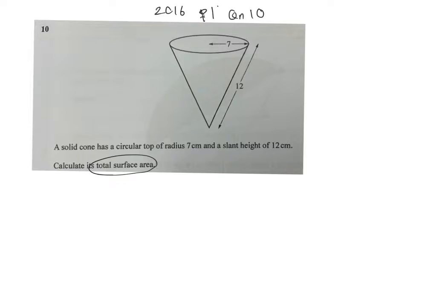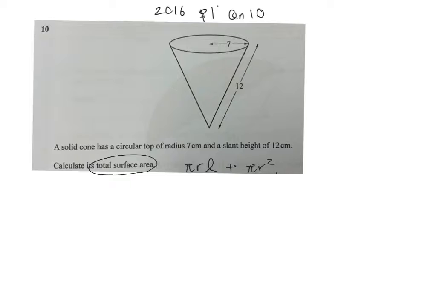So we want to find total surface area of a cone. Is this something given in the front cover? Yes, please double check. What is it actually? Pi r square plus pi r l.